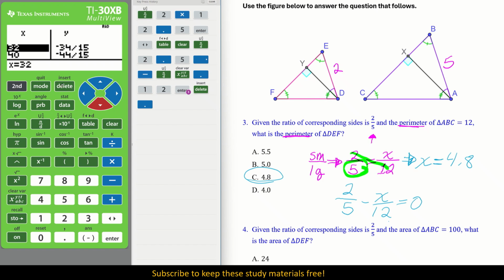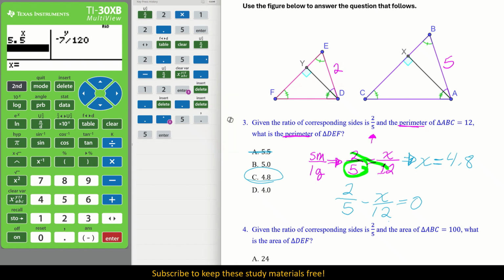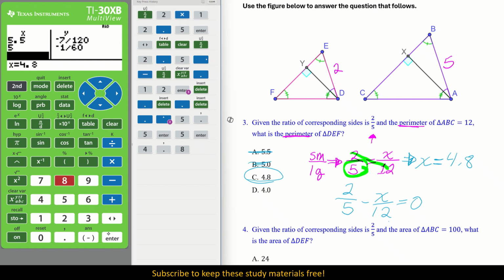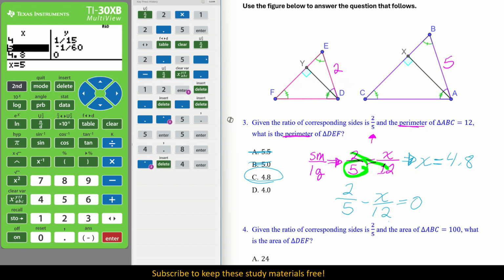So let's delete each of these. Okay, now go back up. So 5.5, enter. No, obviously that won't work, which is good for us. So then enter, no. Okay, now this one should work. 4.8, enter. Yes, it does. And I'm going to go up and try 4 again. Okay. All right. Nope. 4 will not work. So we verified the answer that we got.